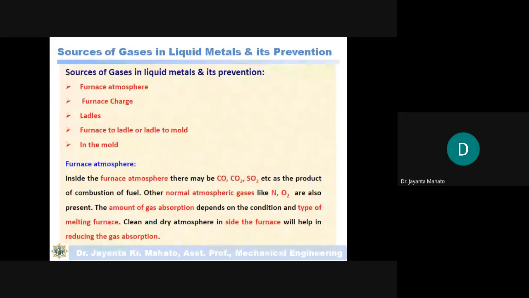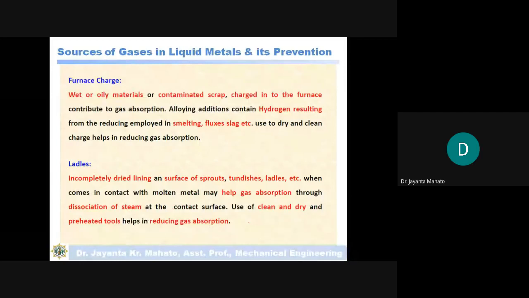Furnace charge: wet or oily material or contaminated scraps charged in the furnace contribute to gas absorption. So oily material, wet material, or contaminated scraps must be avoided.